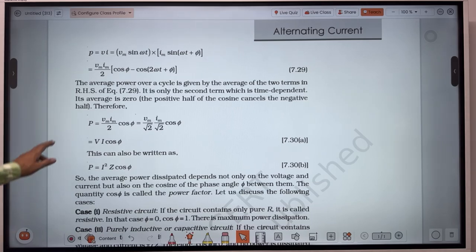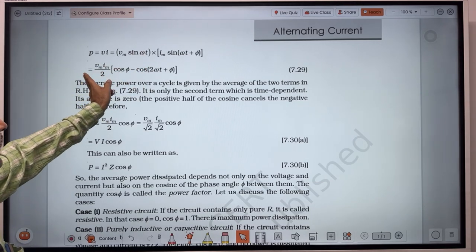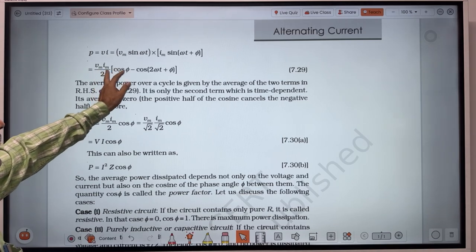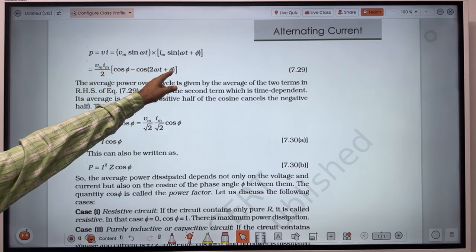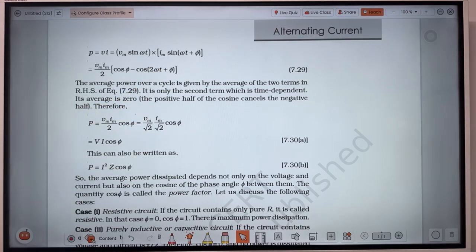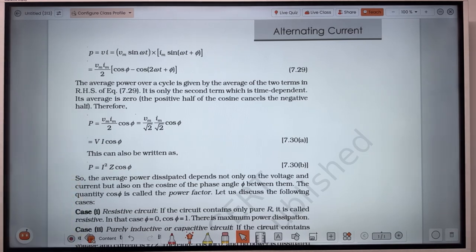Here we can take out Vm and Im, and then we divide and multiply by 2. So inside we will be left with 2 sin omega t plus phi, and then we can apply the formula. What is the formula?